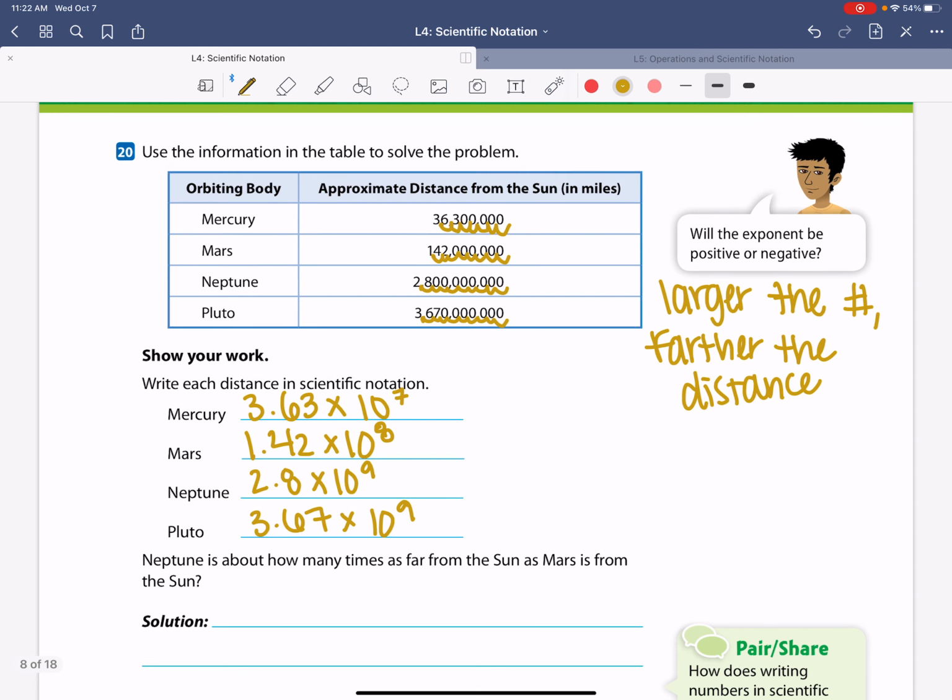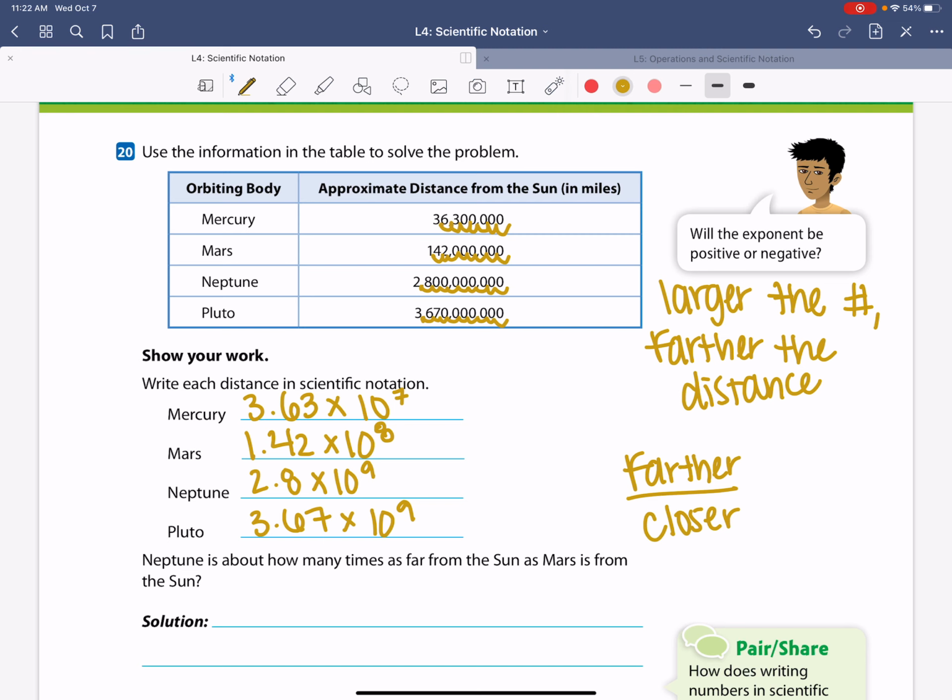All right, so our question, Neptune is about how many times as far from the sun as Mars is from the sun. So we did this on a previous day of this lesson. We need to have the farther distance compared to the closer distance. Farther goes on top of closer.